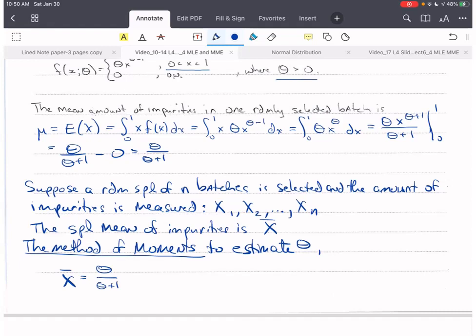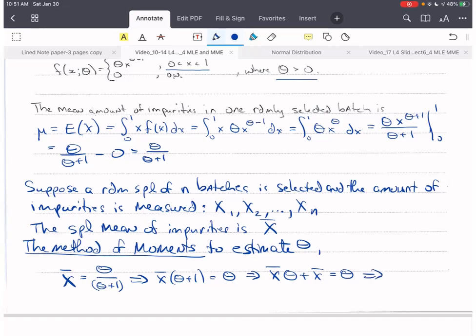Now we have to solve for theta. We multiply both sides by theta plus 1, and we get x bar times theta plus 1 equals theta. And then we distribute, and we have x bar theta plus x bar equals theta.